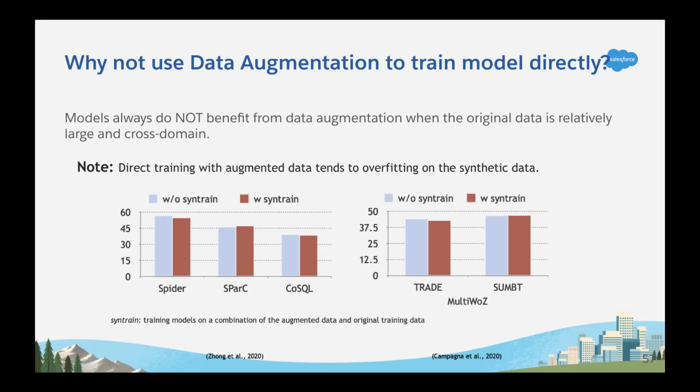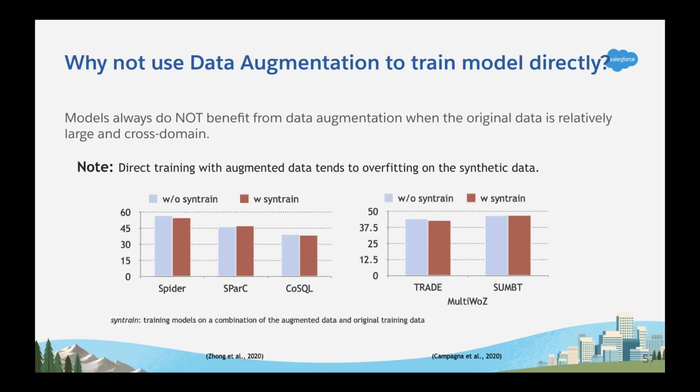Interestingly, when we wanted to start to experiment, some researchers had already done it for us. It's also a recent paper. They compared training with synthetic data and without synthetic data.